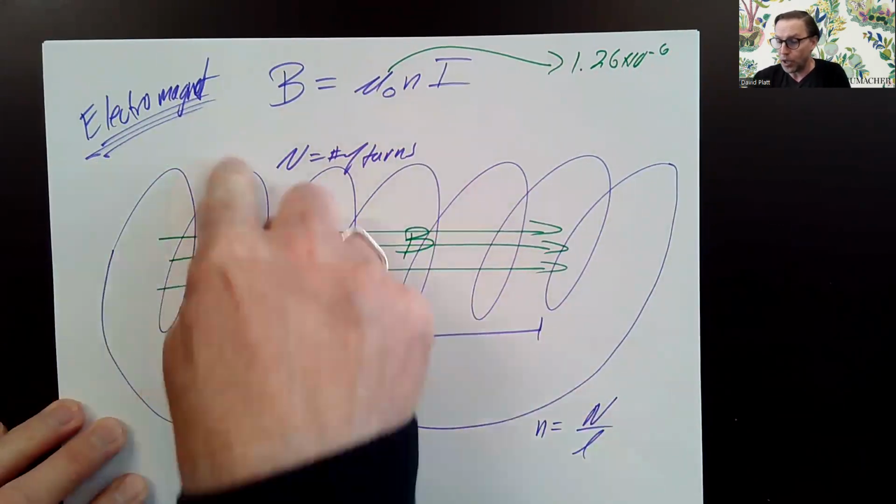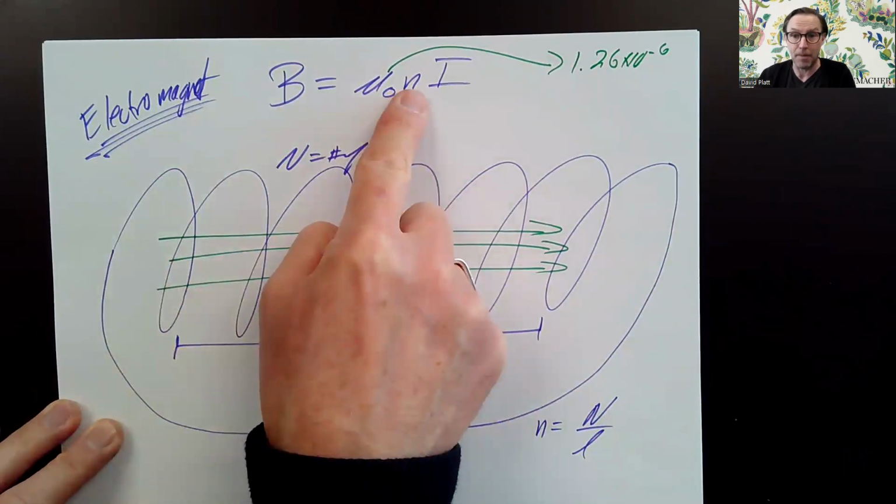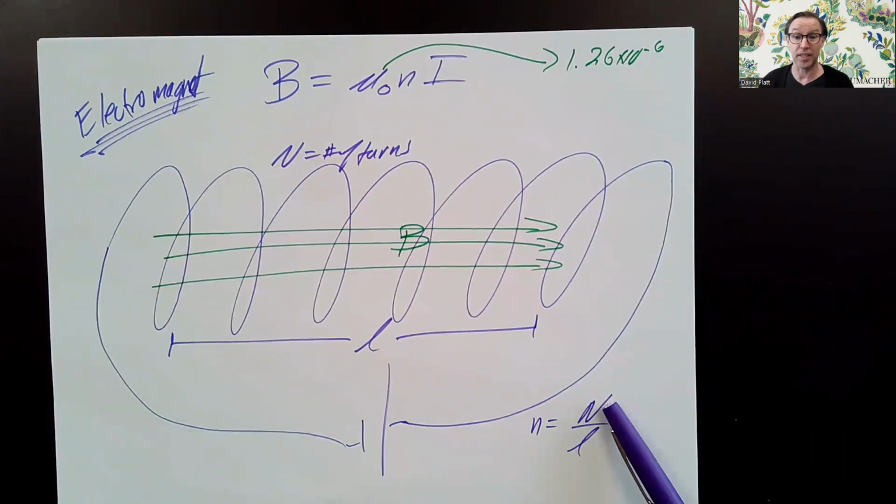So more turns per each centimeter makes n bigger. So anyway, the total number of turns and the length both matter. Little n is the turns per length. Capital N is just the number of turns. And it's a big deal because you'll get the wrong unit. Capital N, the number of turns, is dimensionless.